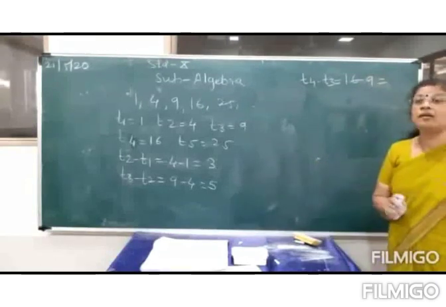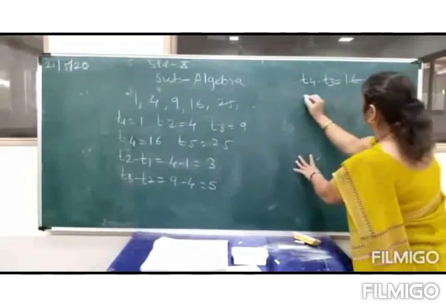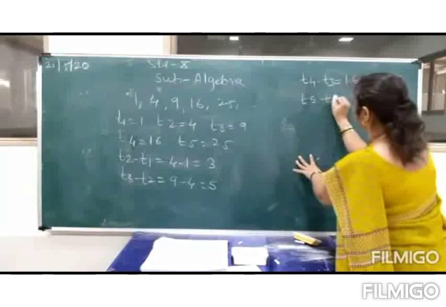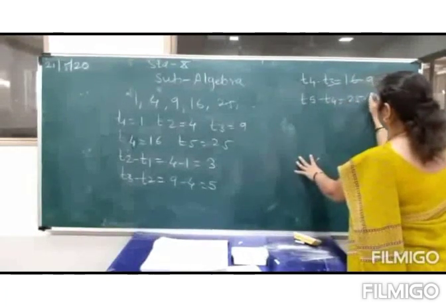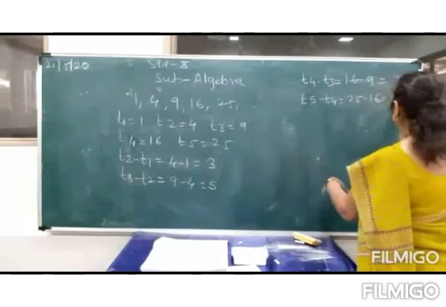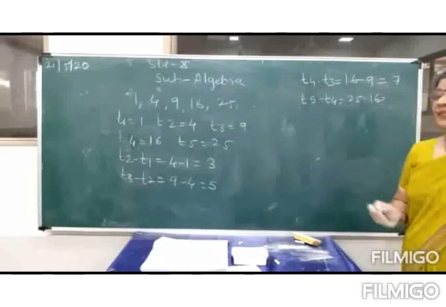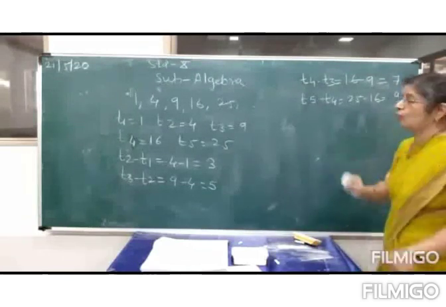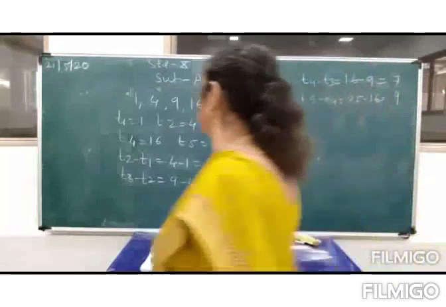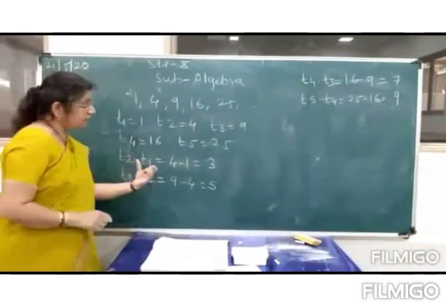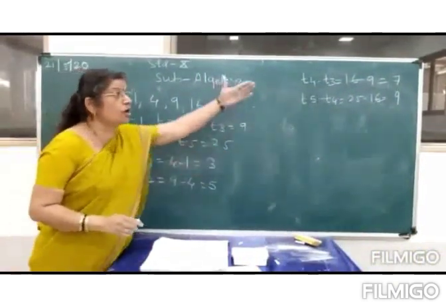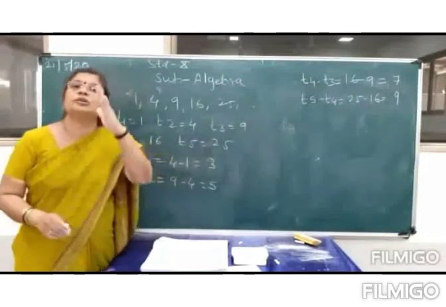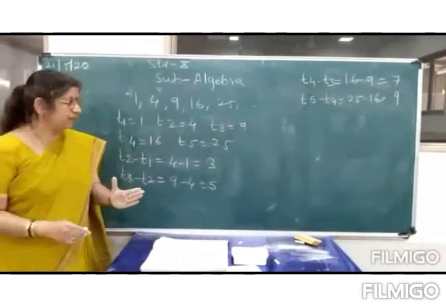How much? 7. Then T5 minus T4, 25 minus 16. How much is it? 9. So what you have observed over here, the difference between the two consecutive terms is not constant.